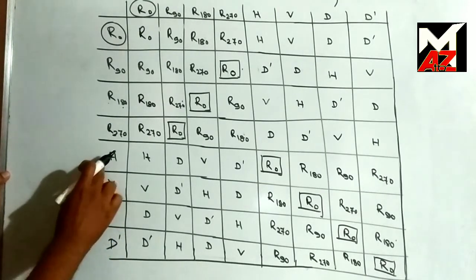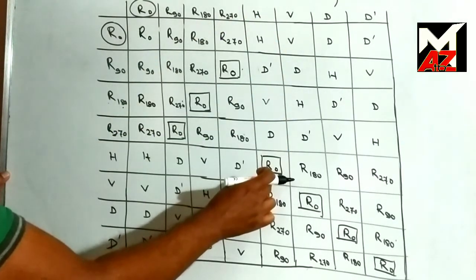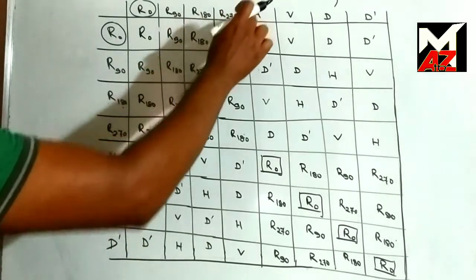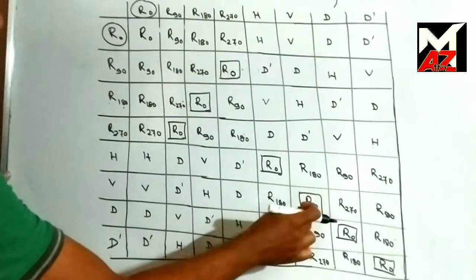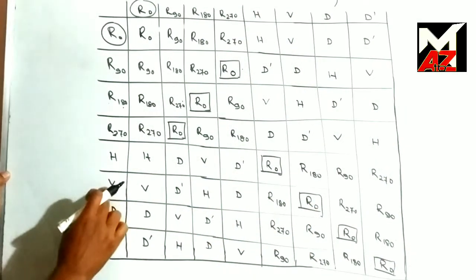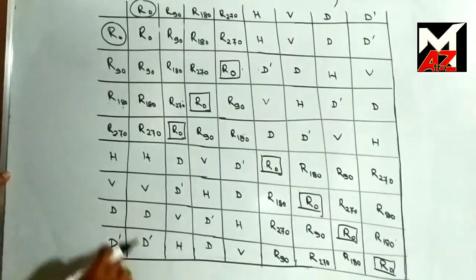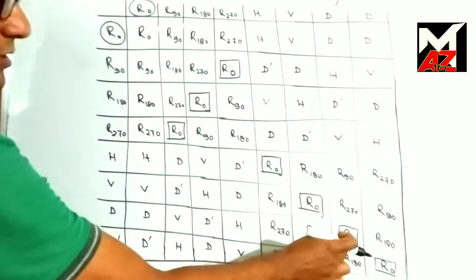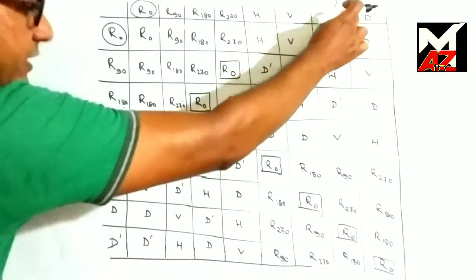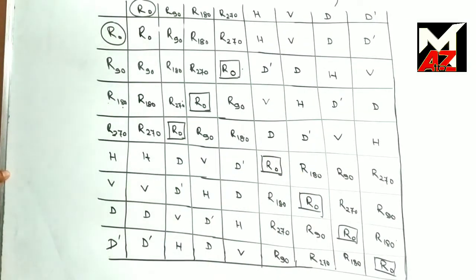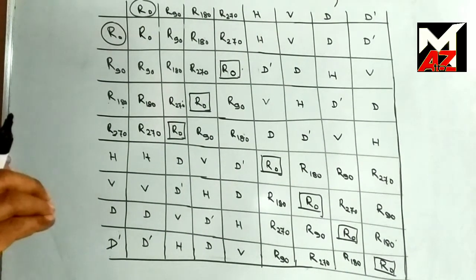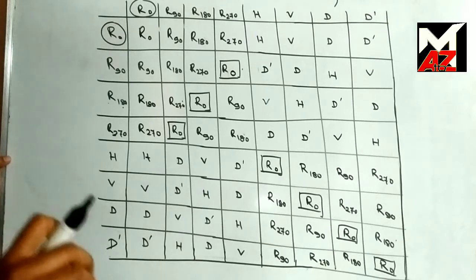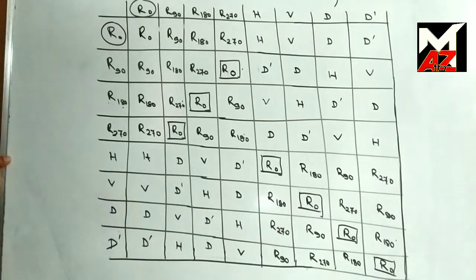Similarly, H and H gives R0, so the inverse of H is H. V and V gives R0, so the inverse of V is V. Similarly for D. So every element of this set is its own inverse.